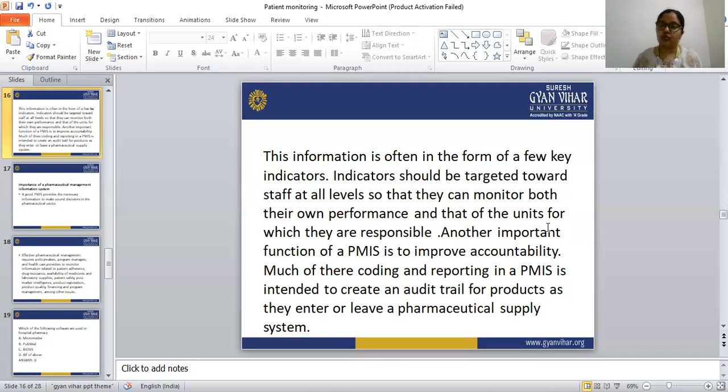Through the PIS, pharma information system, they can find this out.